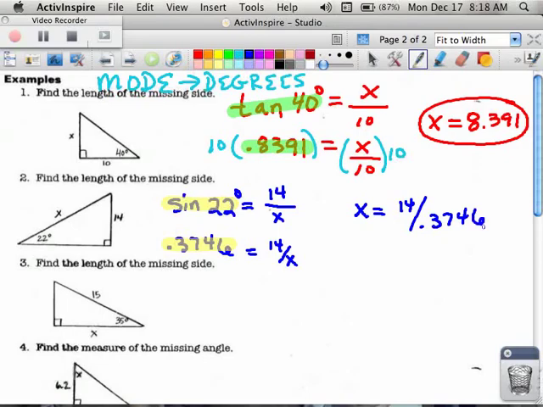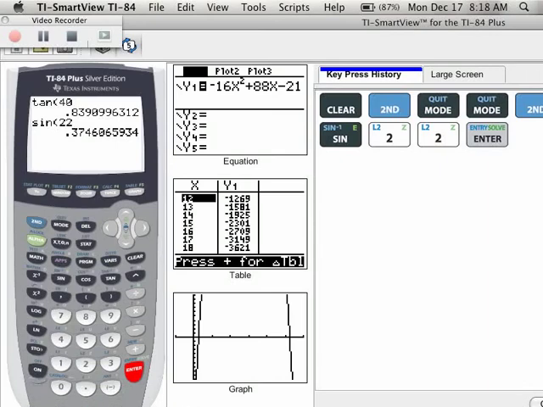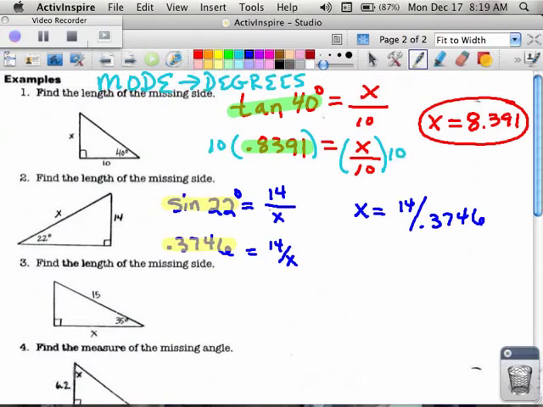So I go to my calculator, and I take 14 divided by 0.3746. And I get roughly 37.37. And that's my x.